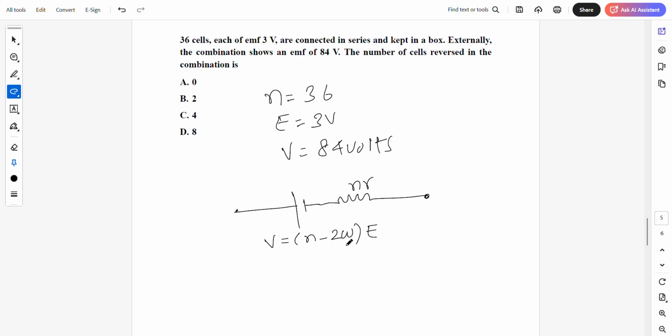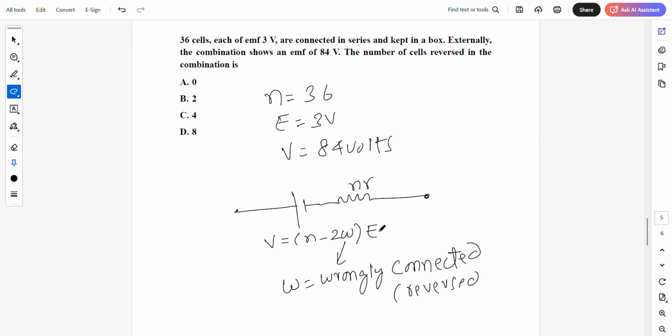What is W? The number of cells which are reversed, wrongly connected. That is W.